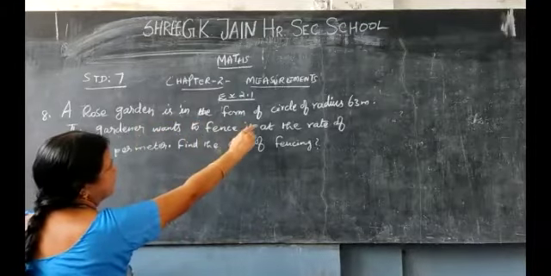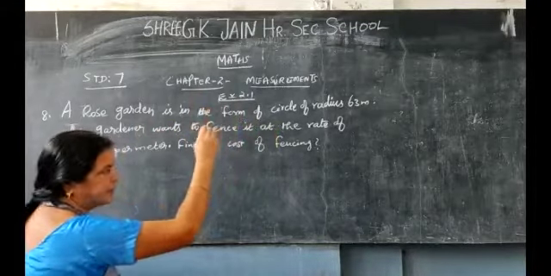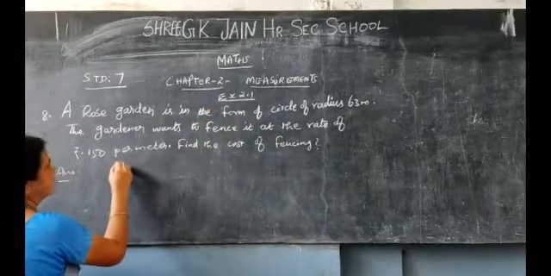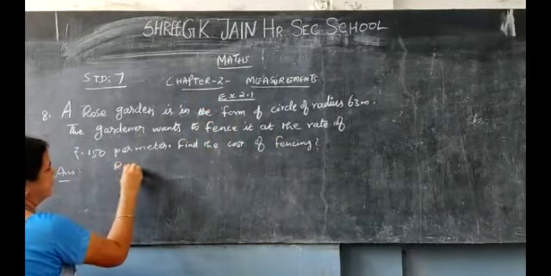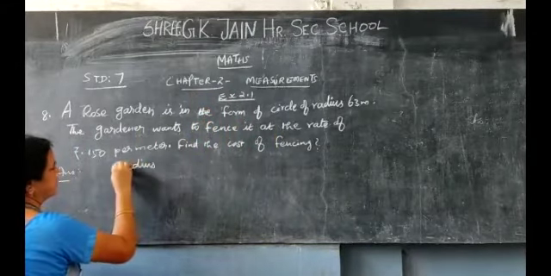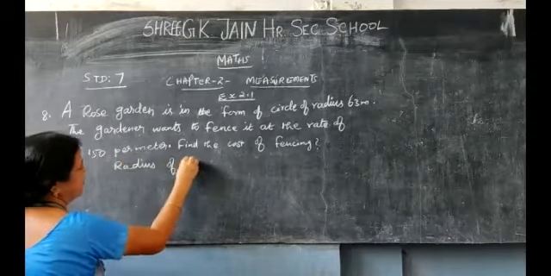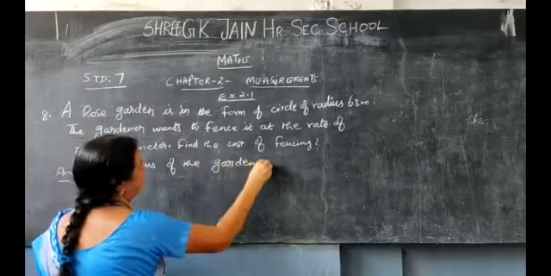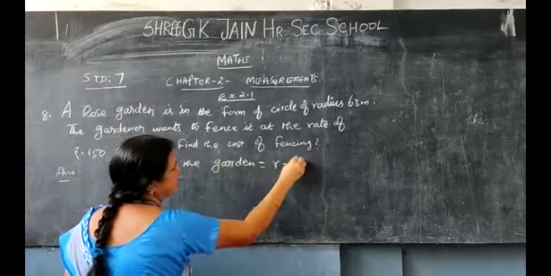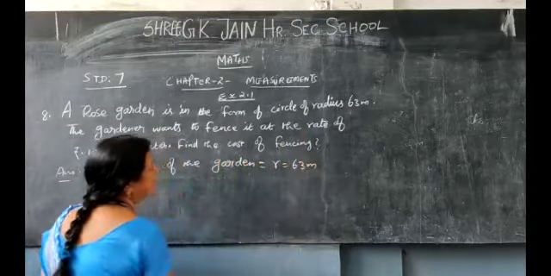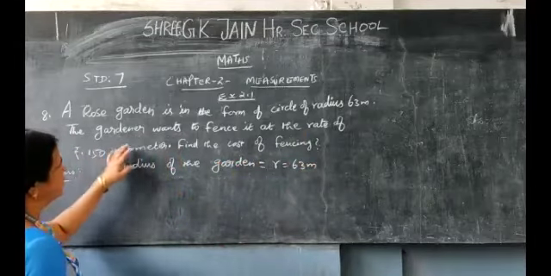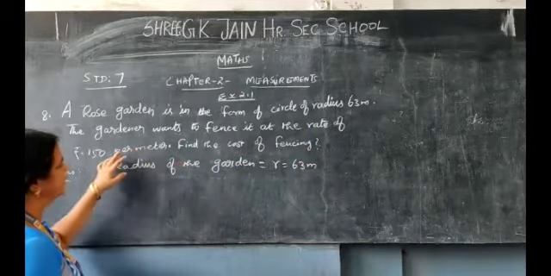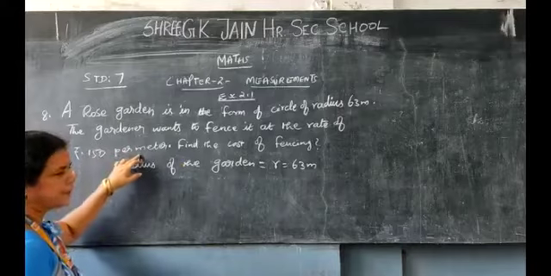The rose garden is in the form of a circle of radius 63 meter. That means the radius of the garden, R, is equal to 63 meter. Now the gardener wants to fence it at the rate of rupees 150 per meter.